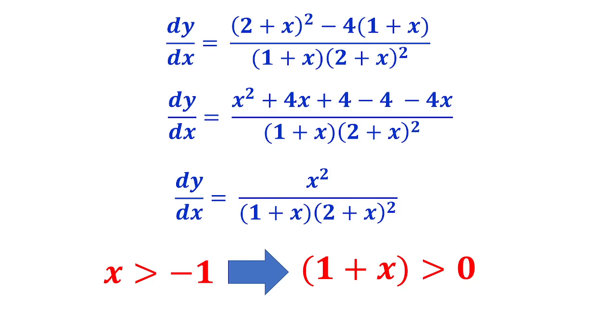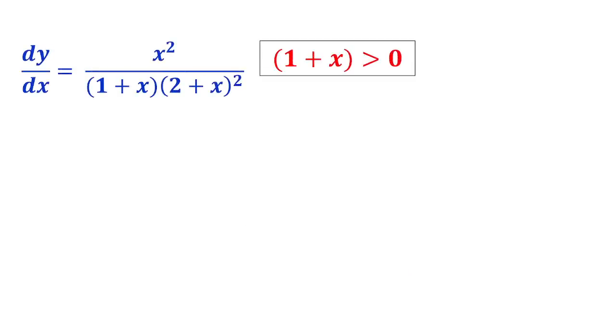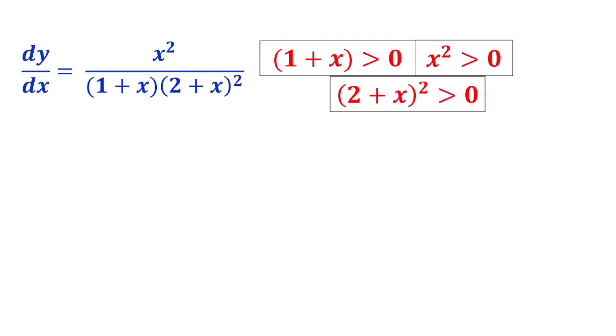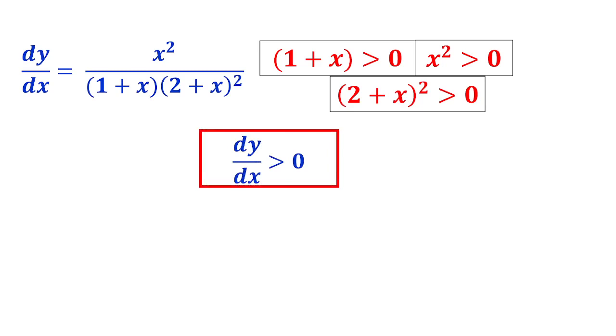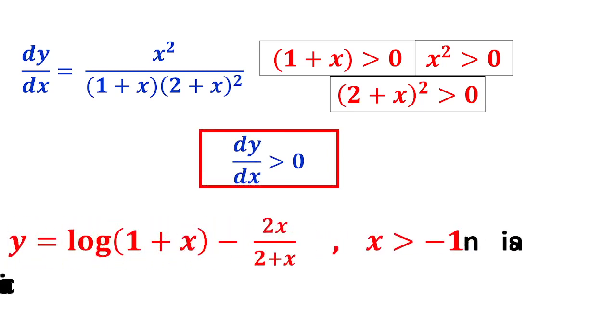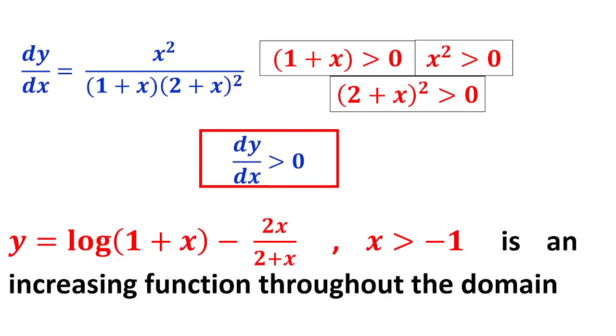Therefore, the nature of this dy by dx depends on 1 plus x only. Now we have proved that 1 plus x is greater than 0. Therefore, 1 plus x is greater than 0, x square is greater than 0, 2 plus x square is greater than 0. Therefore, dy by dx is a positive quantity always. Therefore, this function is an increasing function throughout the domain.